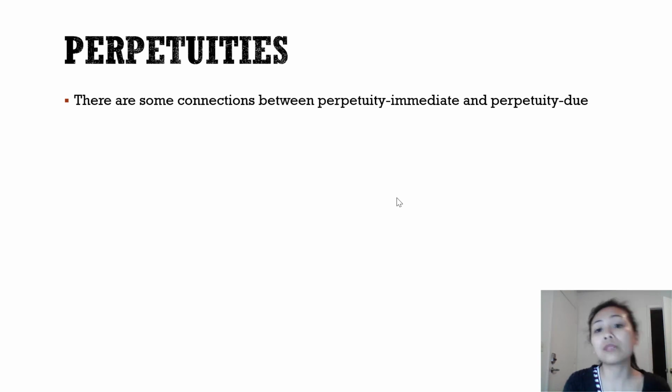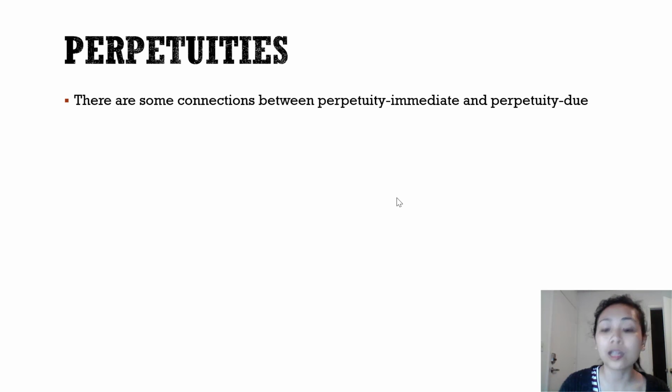And we have some connection between perpetuity immediate and perpetuity due, just like in the last video when we learned about annuity immediate and annuity due, we had some connection. So for perpetuity, it's the same thing.